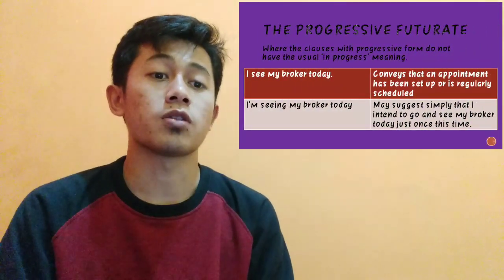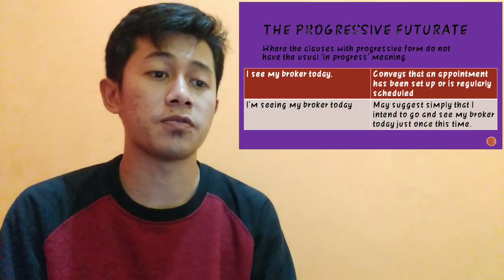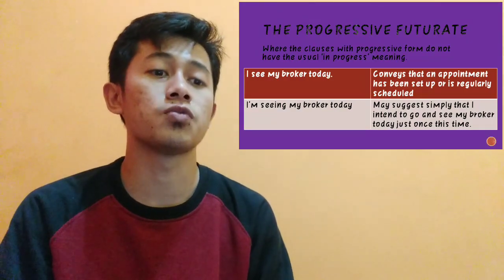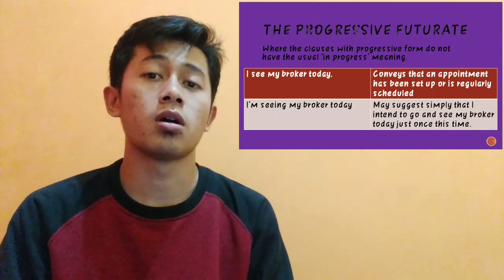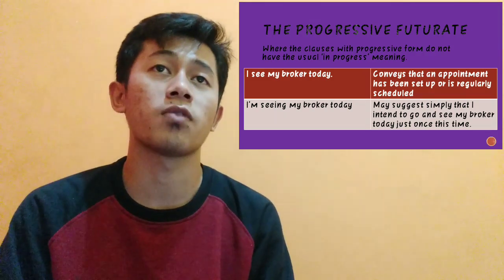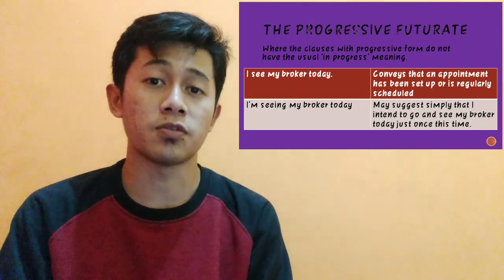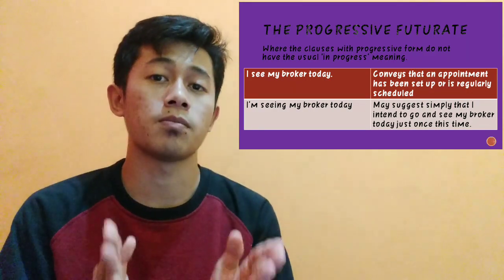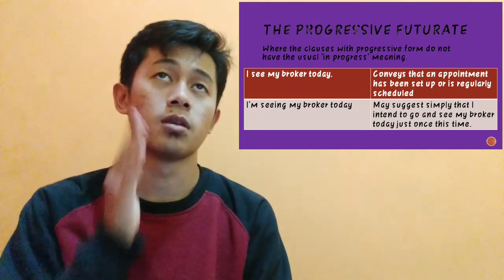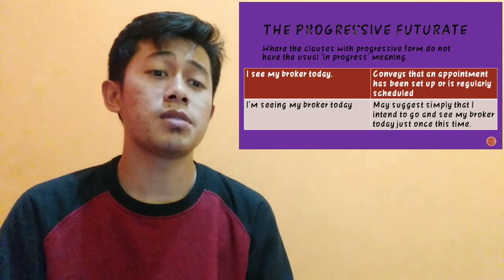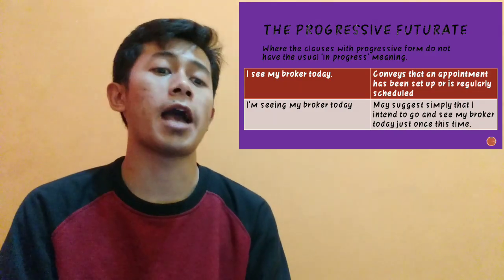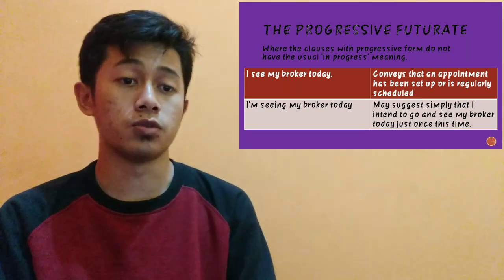So now is the progressive futurate. The progressive futurate is where the clauses with progressive form do not have the usual in-progress meaning. It means not all clauses with progressive form mean in progress. Okay, like this example. I see my brother today, and I'm seeing my brother today.